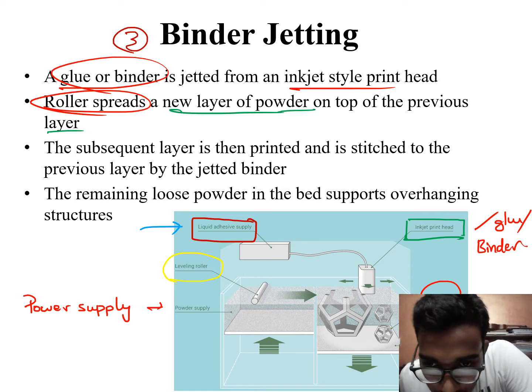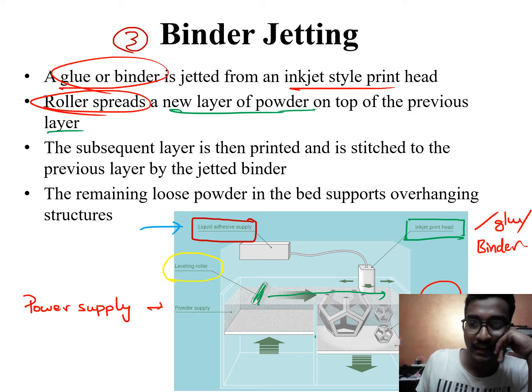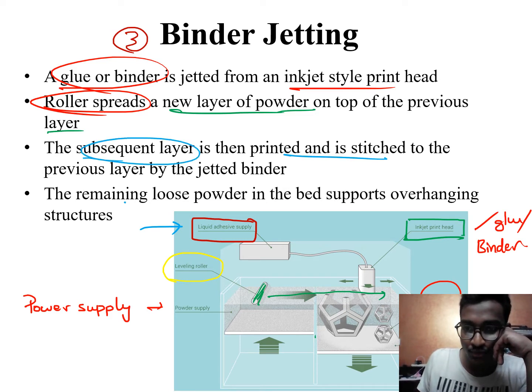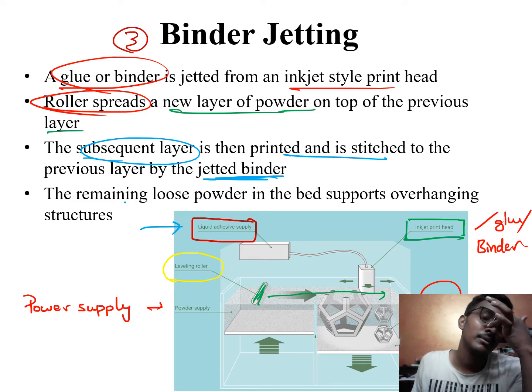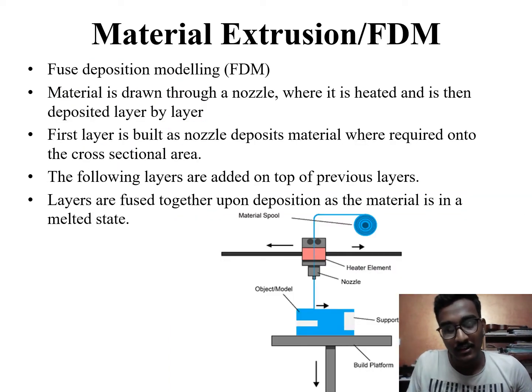This roller goes here and spreads the powder on top of the layer, and the subsequent layer is then printed and is joined to the previous layer by the jetted binder. The remaining loose powder in the bed supports overhanging structures, so it is helpful for the support to withstand.